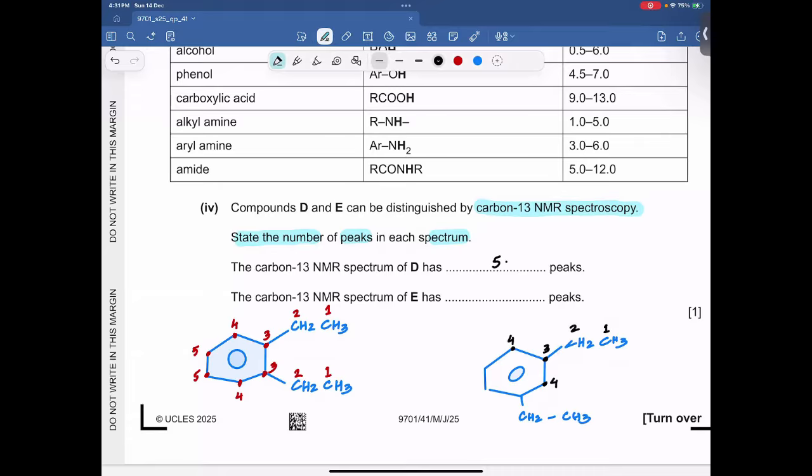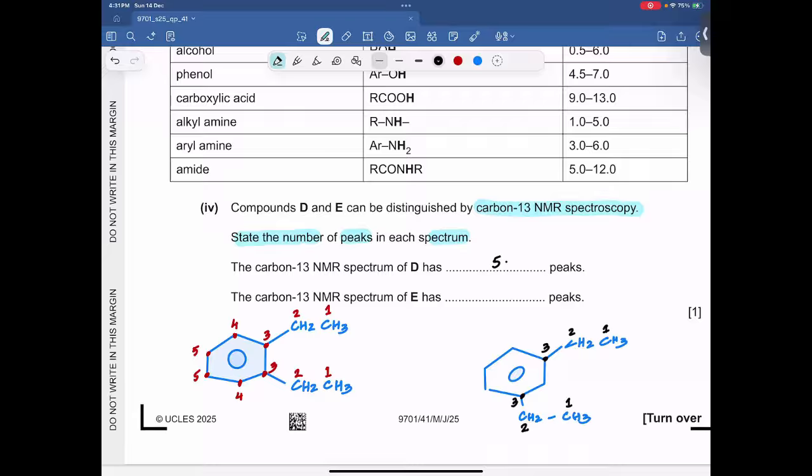Also, this carbon has the first chemical environment. This has the same chemical. Oh, I forgot the second group. Let me show you again. This carbon and this carbon have the same chemical environment. This carbon and this carbon have the same chemical environment, right? Now this carbon and this carbon have the same chemical environment.